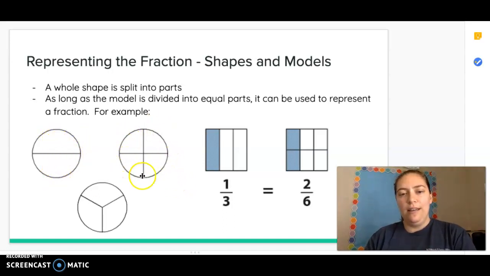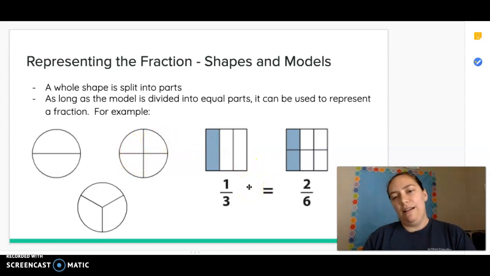Or you could partition the circle into fourths, or you could partition it into thirds. You just have to make sure that when you split them all up, they're the same size, that one part isn't bigger than another part.